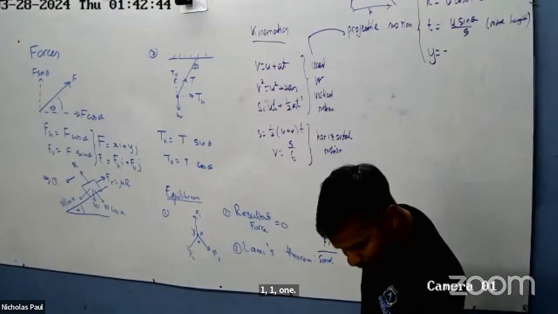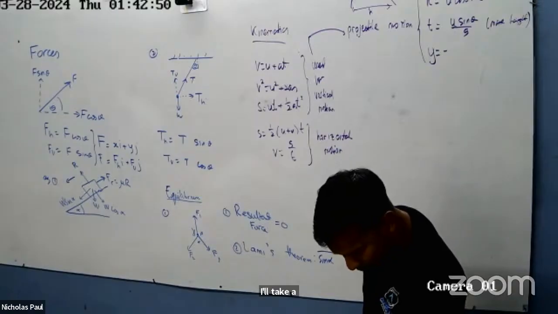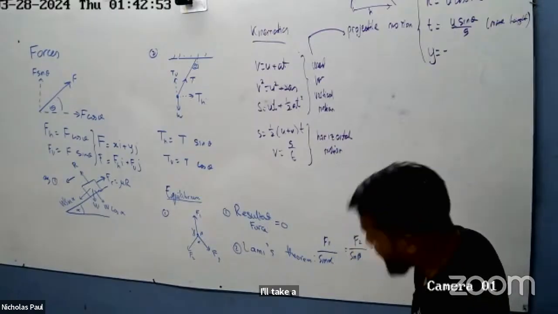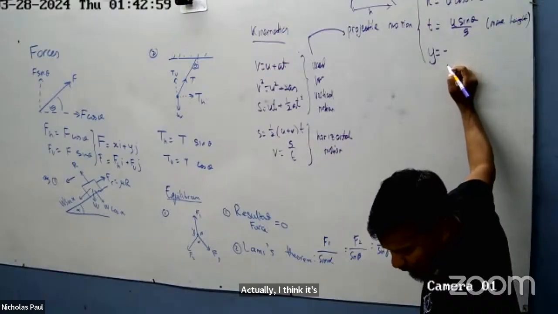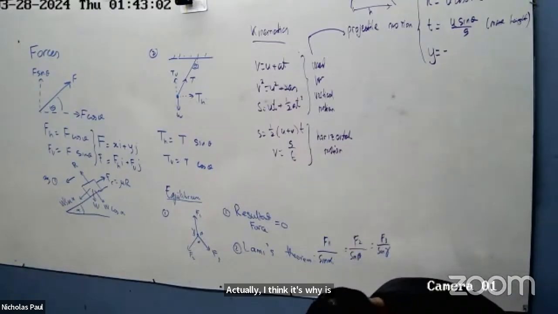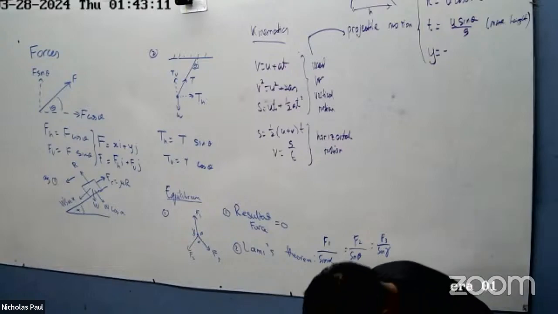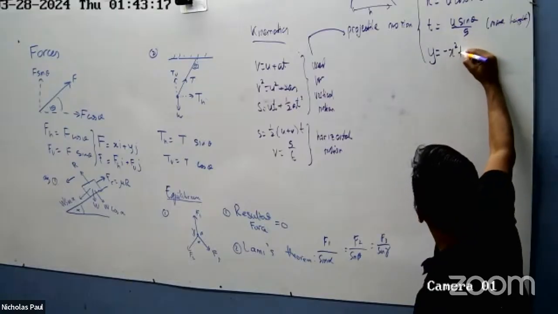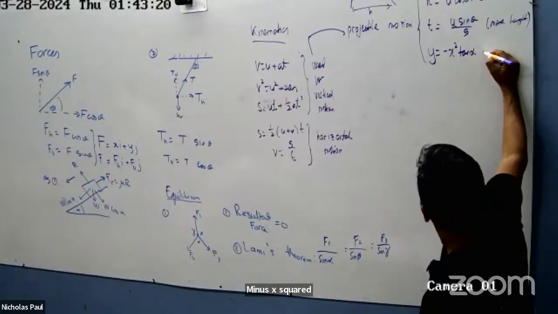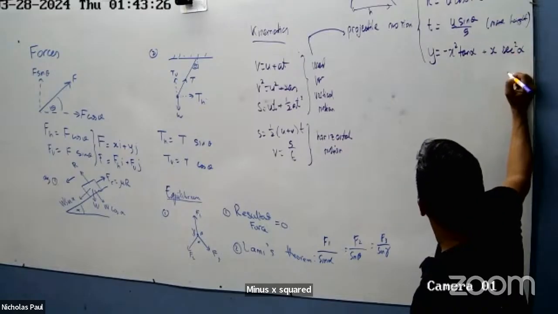I think I have it in this book. I think it's y is equal to minus x squared tan alpha... something like that.